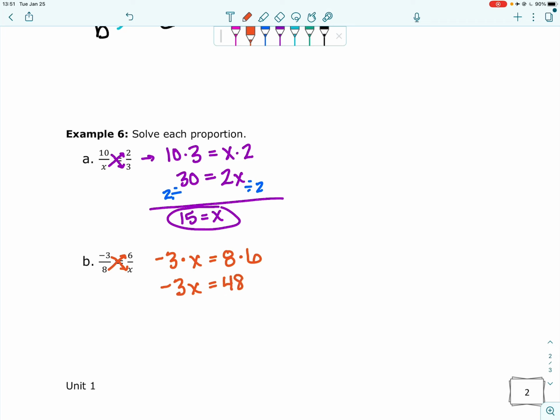Negative 3 is in front of the x, so I can get rid of that by dividing both sides by negative 3. Not just 3, I have to do negative 3. Otherwise, I'll still have that negative in front of the x. So 48 divided by negative 3. Those go away. x equals negative 16.